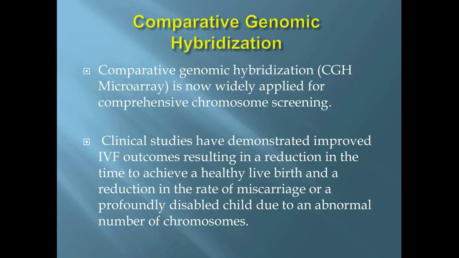For comparative genomic hybridization using microarray, it is now widely applied for comprehensive chromosome screening. Clinical studies have demonstrated improved IVF outcomes, resulting in a reduction in the time to achieve a healthy live birth and a reduction in the rate of miscarriage or a profoundly disabled child due to an abnormal number of chromosomes.